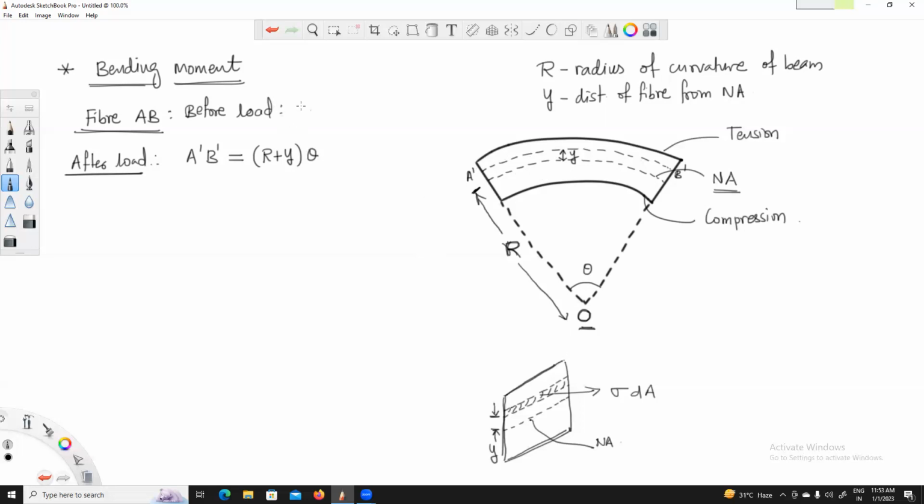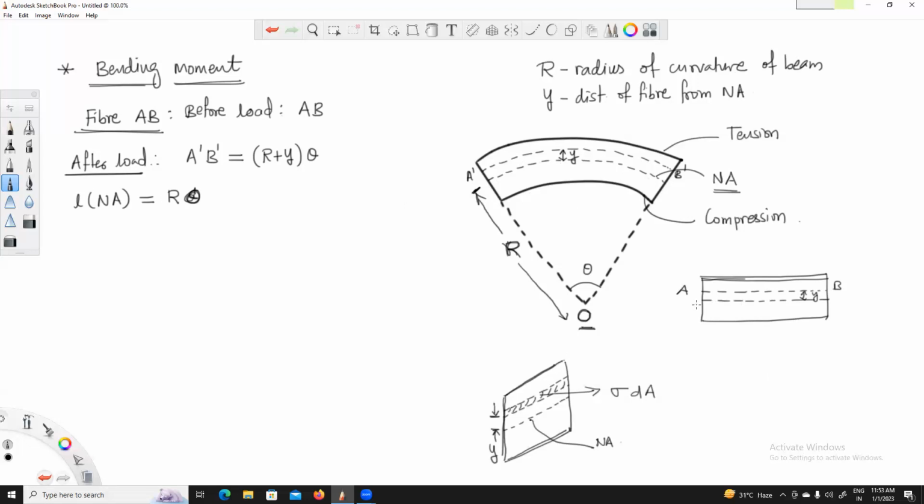And before load, the length of the fiber. So this is the beam, this was your neutral axis and this was your original AB at a distance y from the neutral fiber. Now the length of the neutral axis in the deformed shape is R times theta, and we have seen that the length of the neutral axis is not going to change.